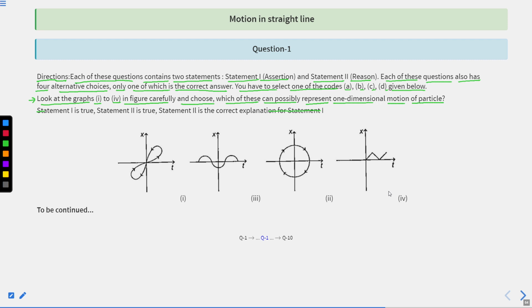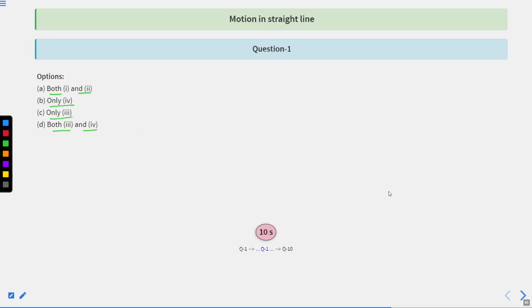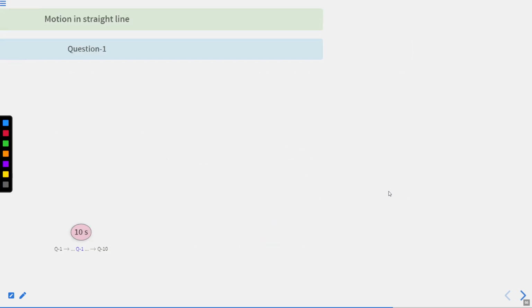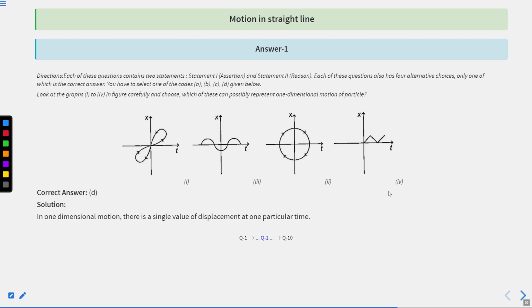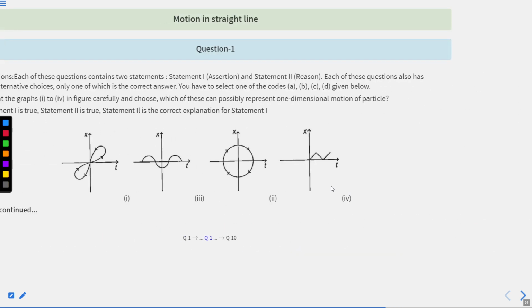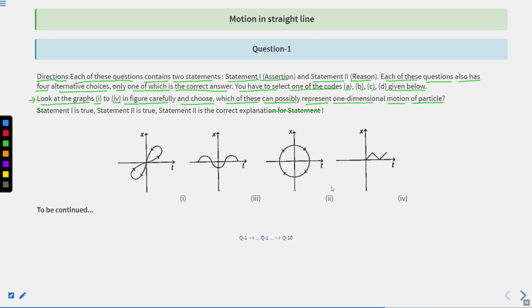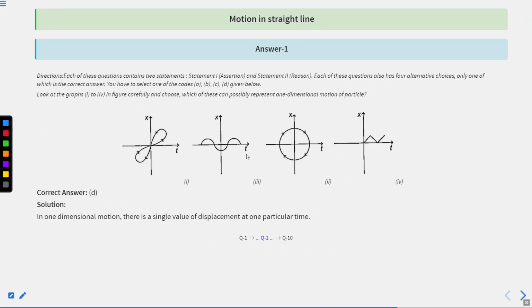This is the question. Let's see the answer. So, this is figure 1, figure 2, figure 3, and figure 4. This is 3 and 4. Clear?